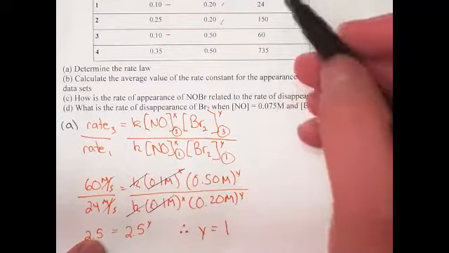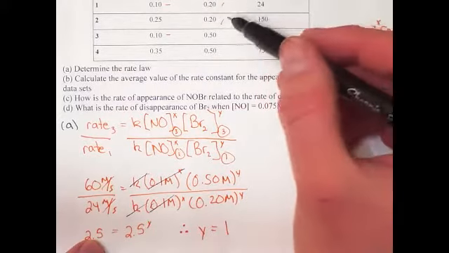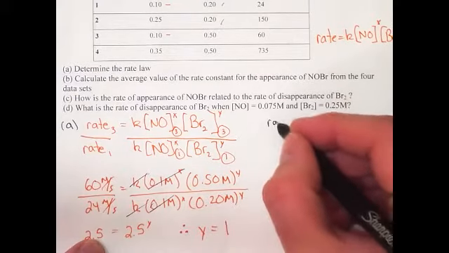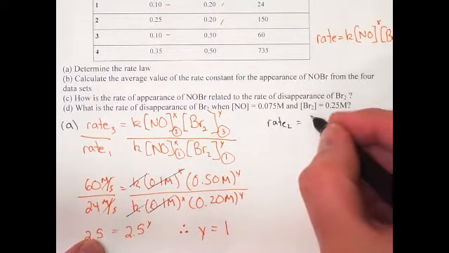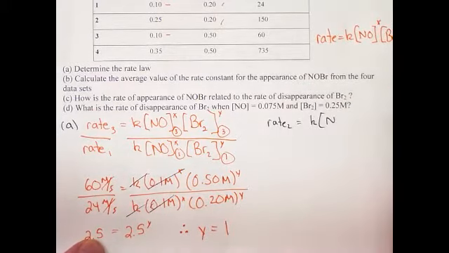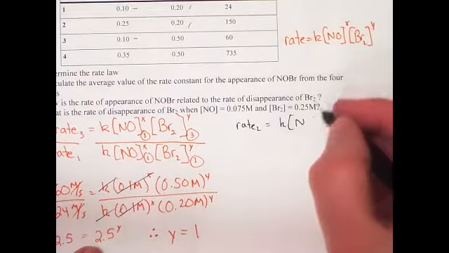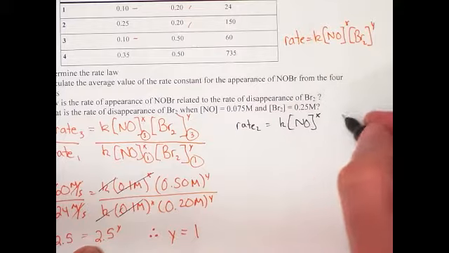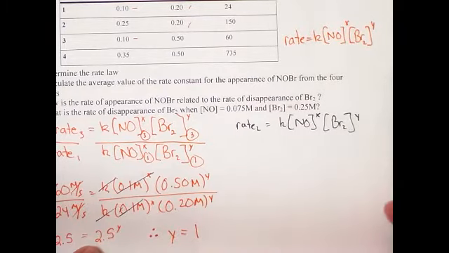But instead of using experiment 1 and 3, we're going to use experiments 1 and 2. So rate 2 is equal to k times NO to the x, Br2 to the y.